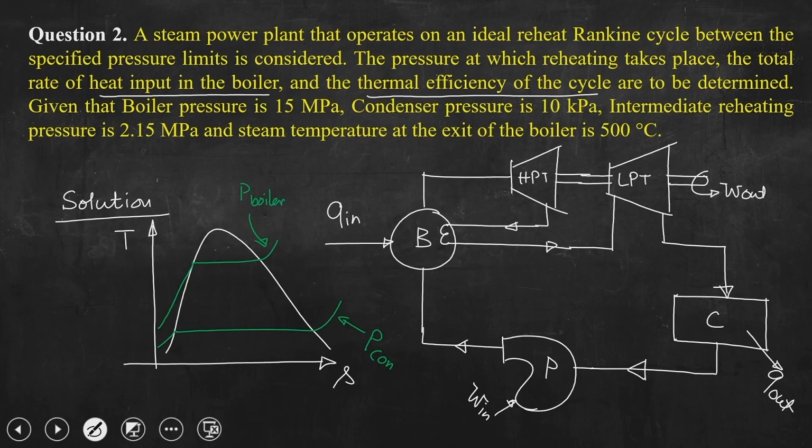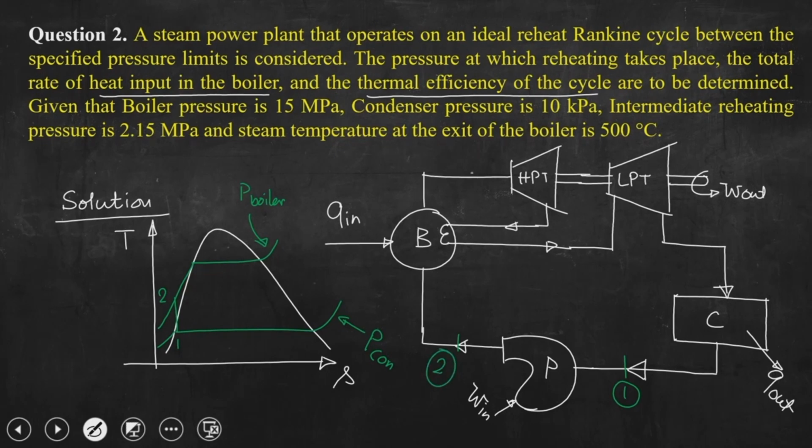Okay. Now, you know that this is 1 to 2. So, this is point 1, this is point 2, then 2 to 3.